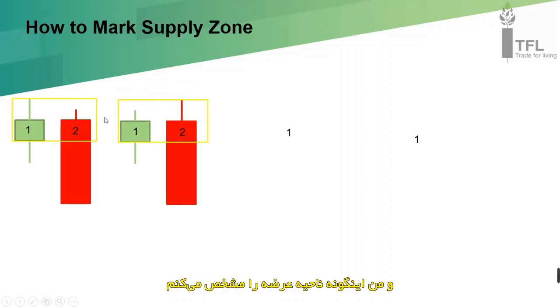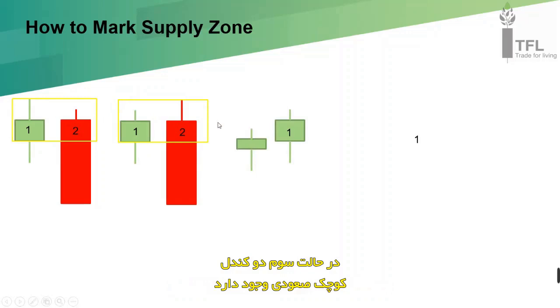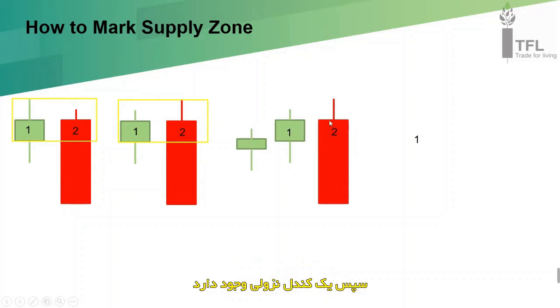So this is how I mark my supply zone. The third kind of supply zone is where there are two small bullish candlesticks, and then suddenly there is a bearish candlestick. The supply zone that I'm going to mark out is over here.